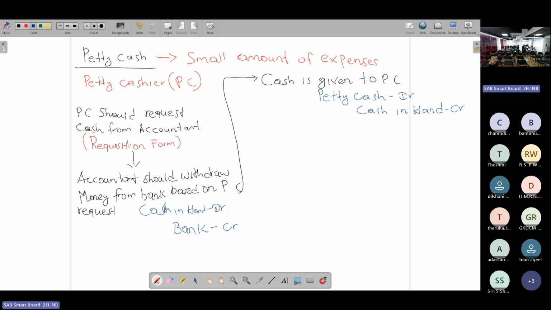Clear? So next one, once the petty cashier receives money from the accountant, he should keep that money in a lockable box, the petty cash box. That's called a locker. Here, a lockable petty cash box.